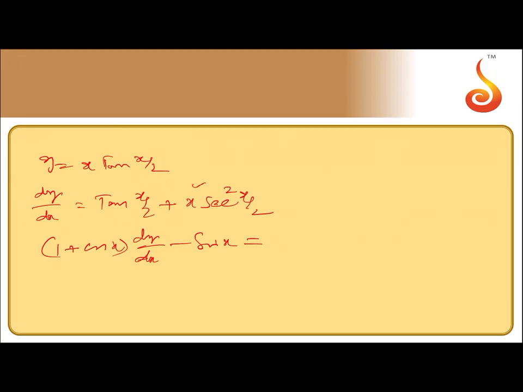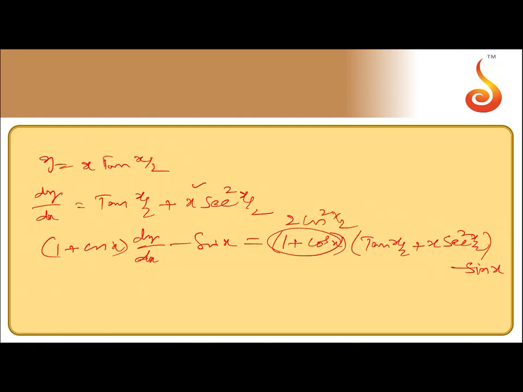So why don't you substitute this here? That becomes 1 plus cos x multiplied by tan x by 2 plus x multiplied by secant square x by 2, minus sin x. I hope 1 plus cos x can be replaced by 2 cos square x by 2.